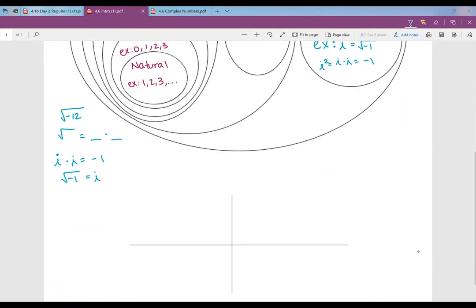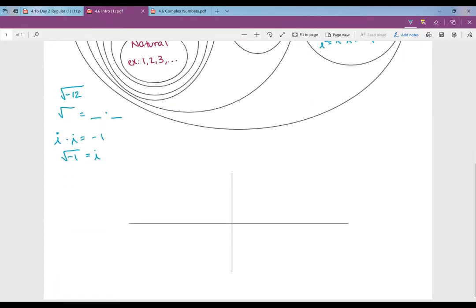Now, let's look at how this would look on a number line. So when you first start making number lines, you make them with your real numbers, right? 0, 1, 2, 3. This would be a number line, with -3 and all your real numbers. Okay, so you'd also have like a half, or you could have pi on there. All of your real numbers are included in this number line. But now, where are we going to put our new number, i?